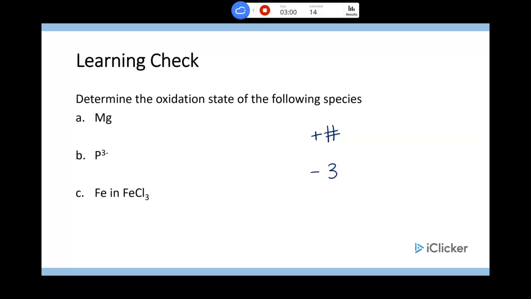Yeah, if there's a charge, like if the whole thing is an ion, there will be no. So yeah, that's what you would do based on the period. In a neutral solid sample of magnesium.